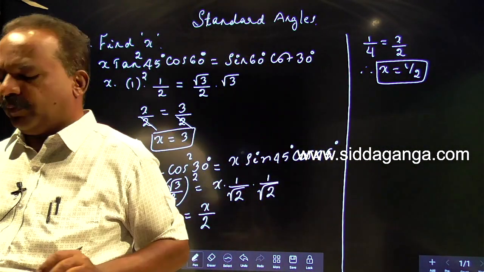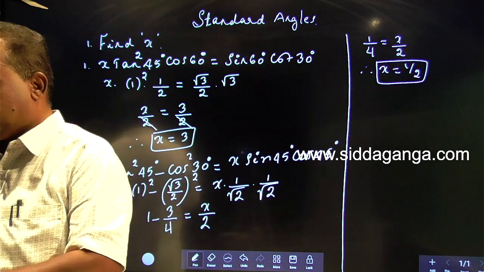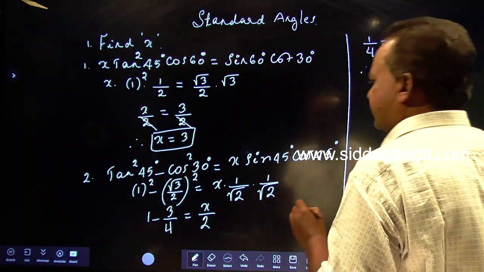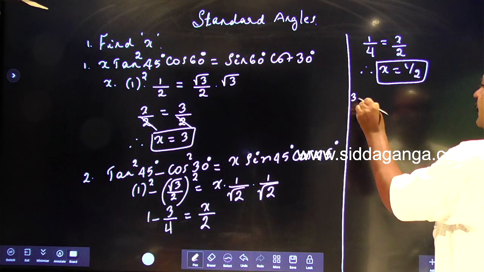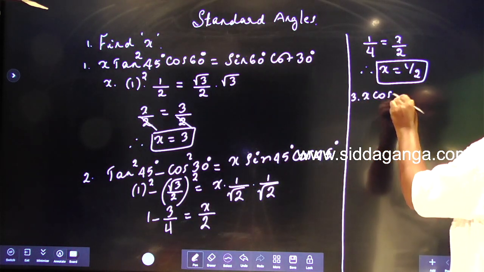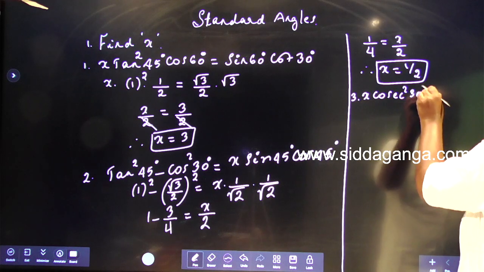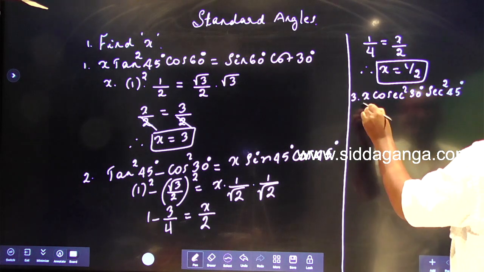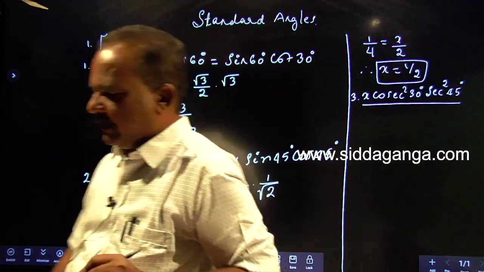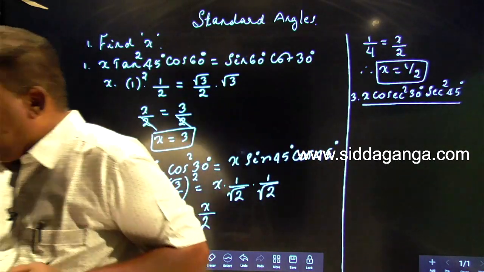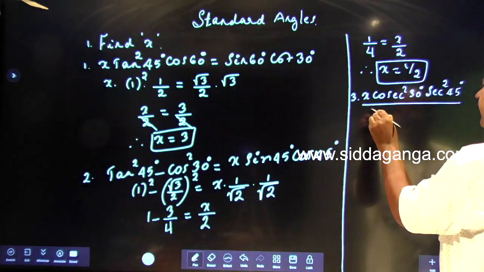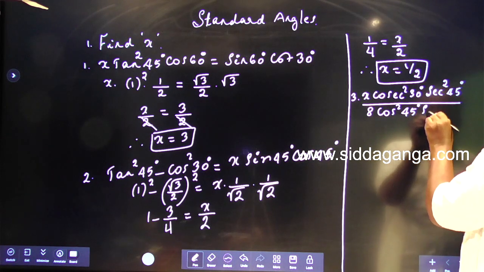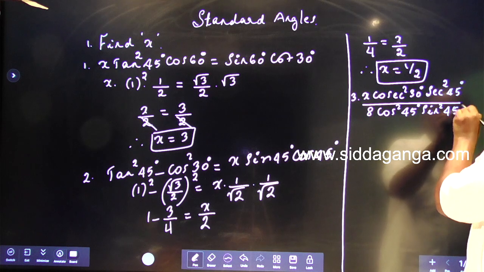Now, let us take one more problem of the same kind. X into cosecant square 30 degree, secant square 45 degree, divided by 8 cos square 45 degree, sin square 45 degree.